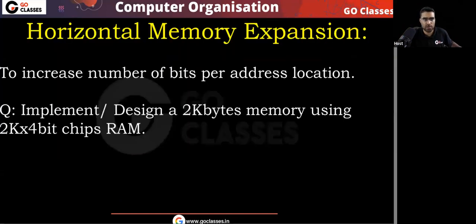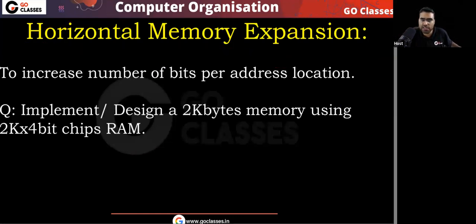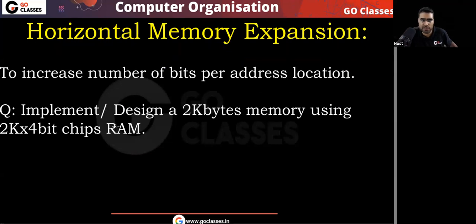Now let's see horizontal memory expansion. I told you this is not interesting and very simple; there is nothing tricky in it. If you want to increase the number of bits per address location, you can use horizontal memory expansion. For example, consider this: implement a 2K byte memory using 2K by 4-bit RAM chips.